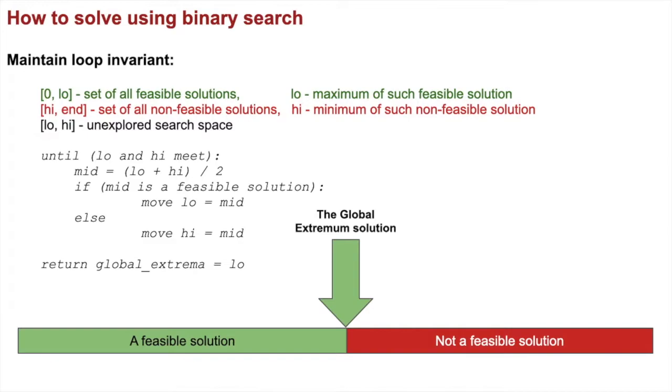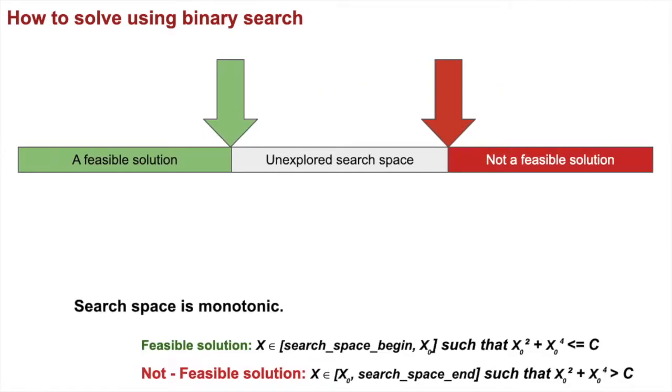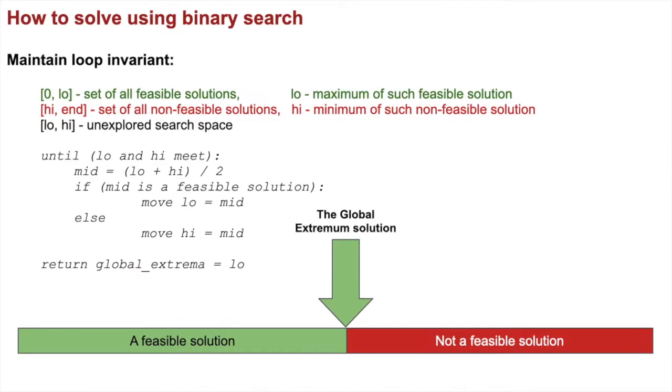So the idea is to bring these two pointers close together, and once they meet, since low pointed to the optimal solution in each loop, we can return the low value at the end as our global maxima.